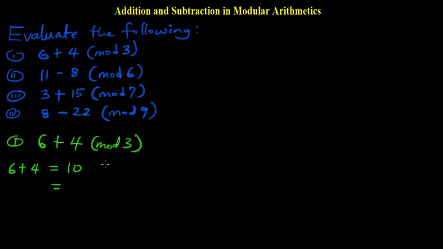And 10 in modulo 3 will be 3 times 3, which gives us 9, plus 1, that makes 10. So 6 plus 4 will give us 1 modulo 3.